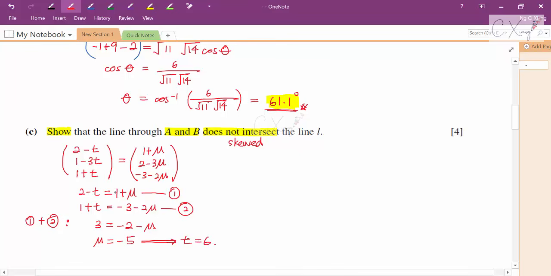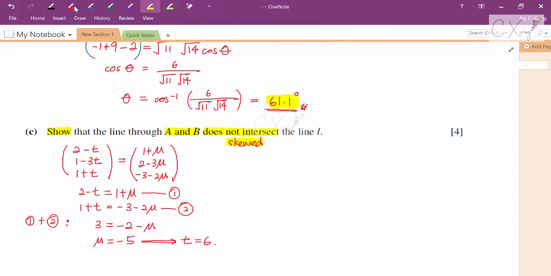After you solve these two equations and get the values for mu and t, how can we show that these lines are skewed, or do not intersect? If the lines intersect, when we put the values of mu and t into all the equations, the values should be the same. But if there is one equation where, after substitution, the left and right hand sides are not the same, that means they are skewed.